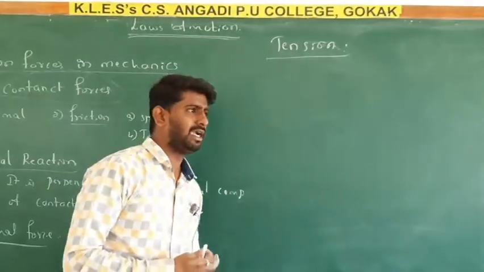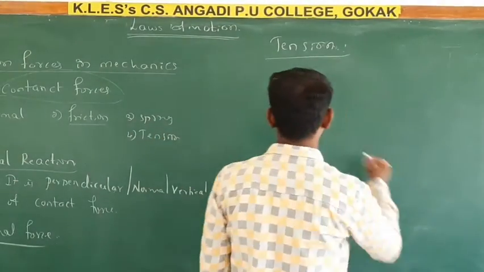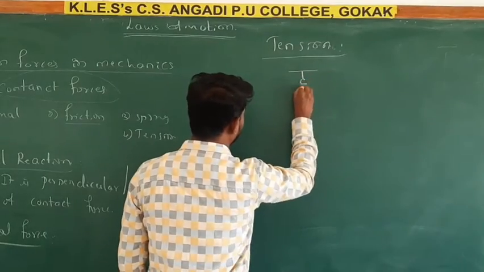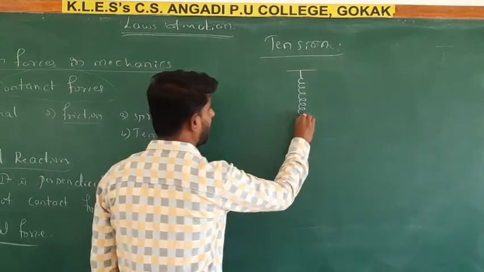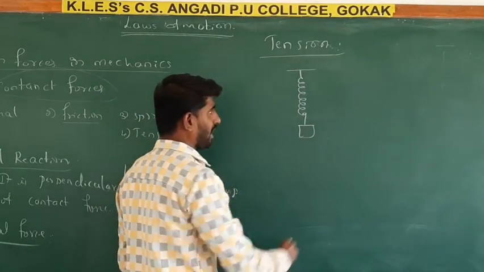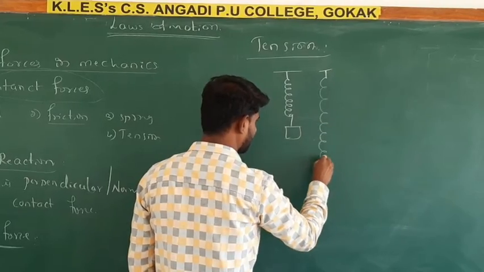Okay, so when does tension develop? Instead of the spring, if you suspend a spring to a rigid support and apply a heavy body here, there will be expansion like this.